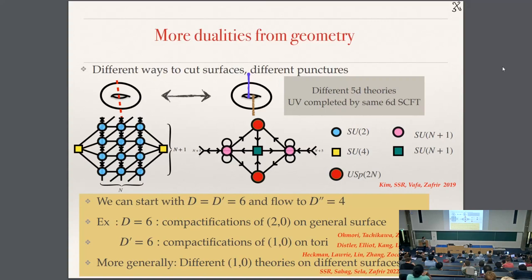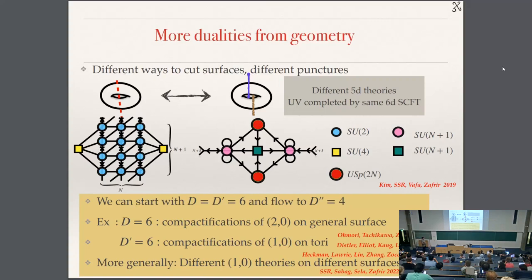So in one case, you will get this theory very systematically. In another, you will get this theory, and different colors and shapes correspond to different groups. These 2 theories look extremely different. There are some patterns, but they look very, very different. Nevertheless, they are conjectured to be exactly dual to each other. Okay, and one can check the protected information, anomalies, and the partition function and convince themselves that they agree.